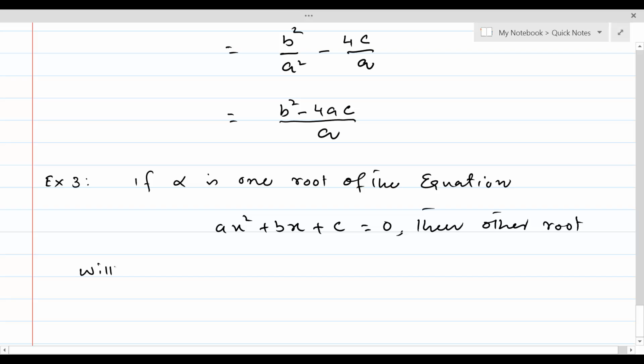The question says that the second root is double the given root. So if the given root was alpha, then the other root must be double, meaning 2 alpha.